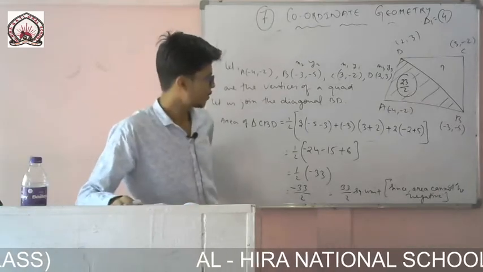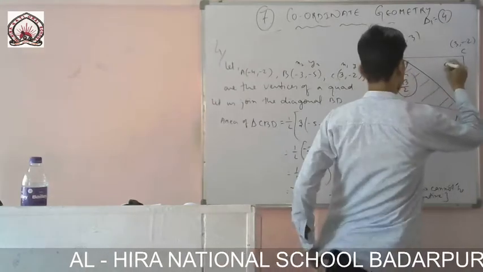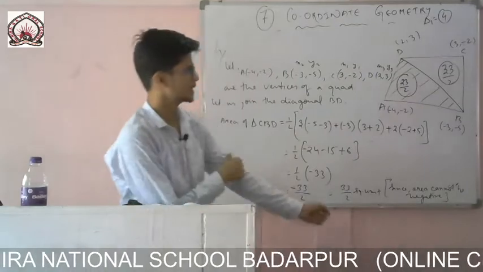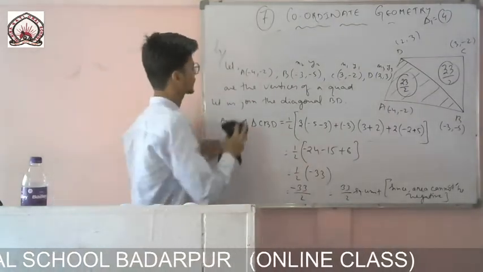So now what I will do is simply add these two. For this one it came 33 by 2, for this one it came 33 by 2. So now I will simply add them and I will get the answer.